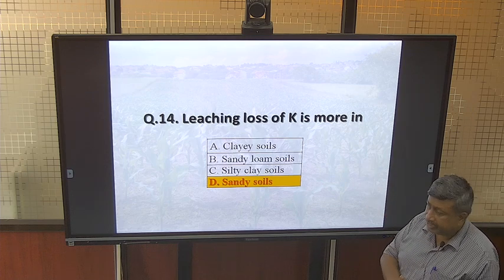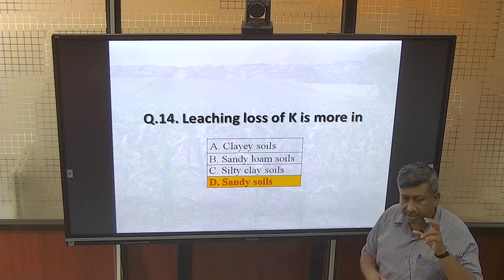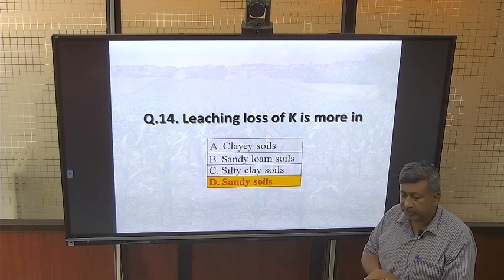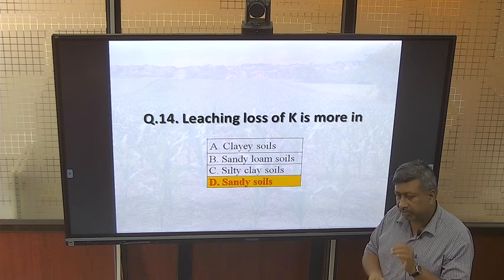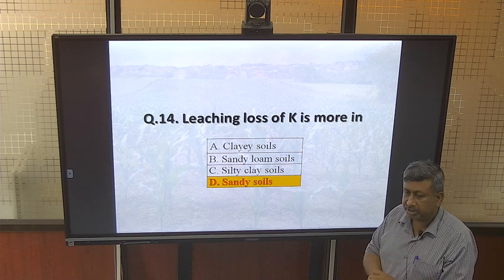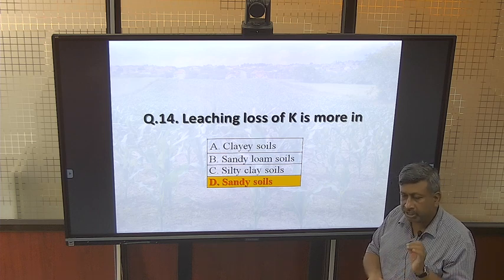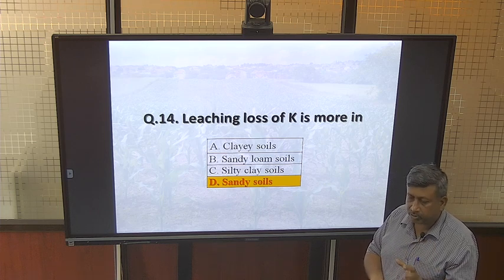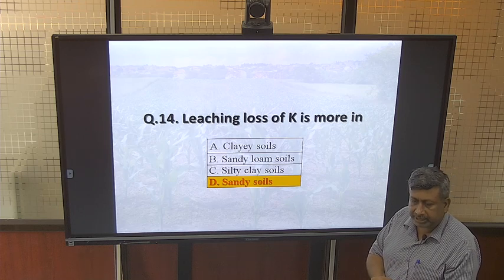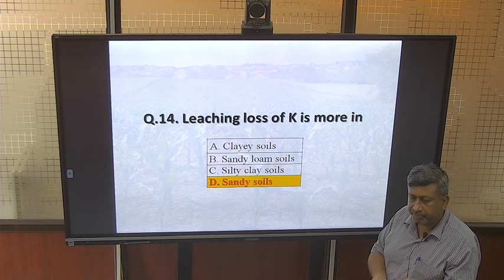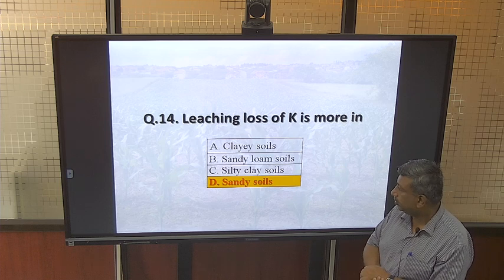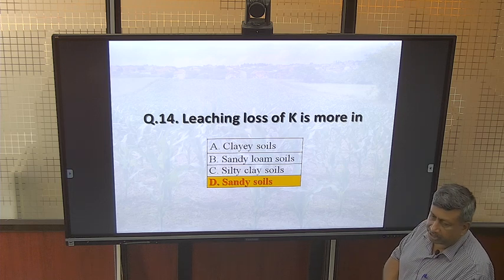Out of these, sandy soils have very low cation exchange capacity, and this is the reason that potassium leaching occurs. Not only potassium, other cations are also leached in sandy soil because of poor CEC; they cannot retain or hold ions. That is why in sandy soil, leaching of potassium is more.